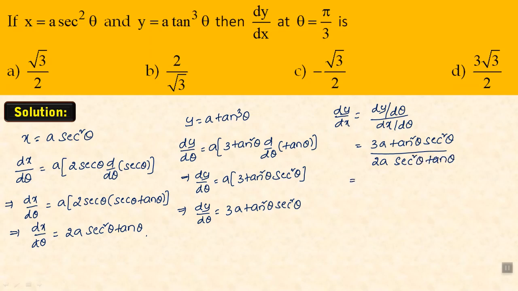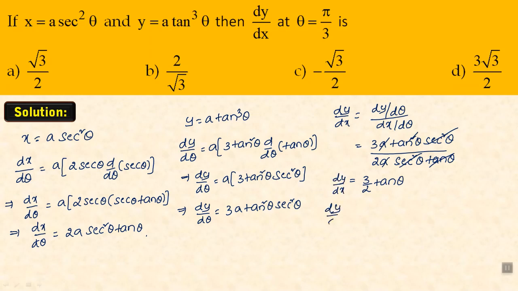This equals to, here a gets cancelled, tan square theta and tan theta get cancelled, secant square theta gets cancelled, 3 by 2 into tan theta, here dy by dx.